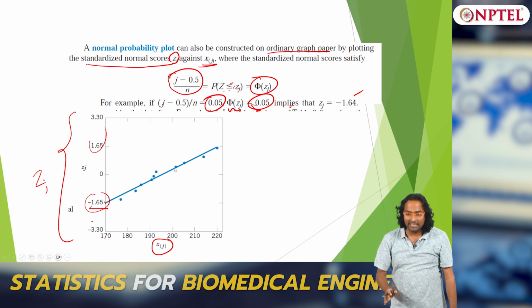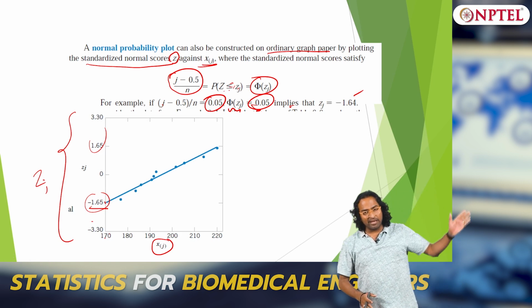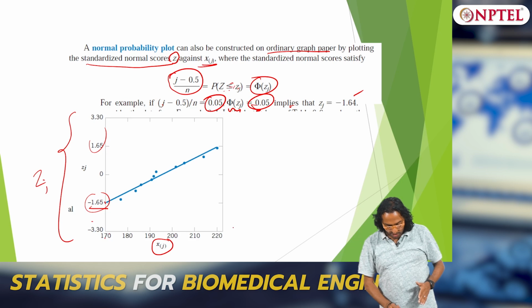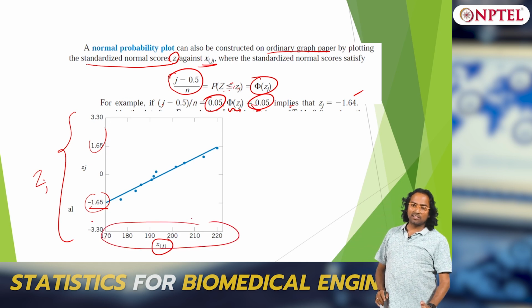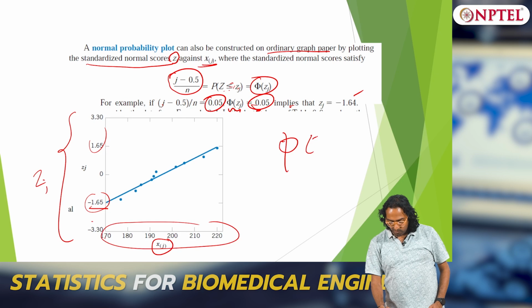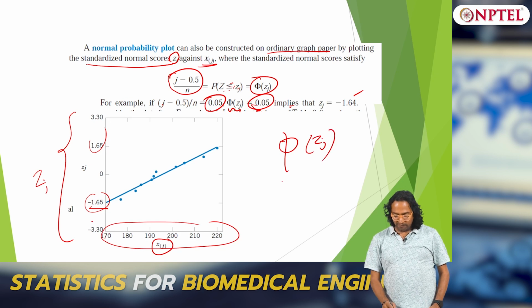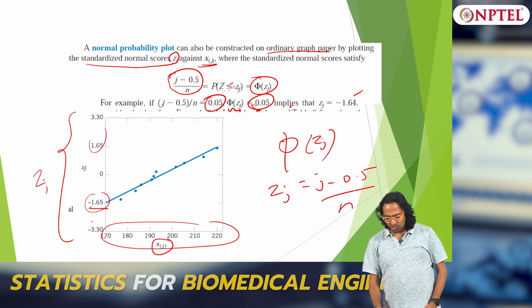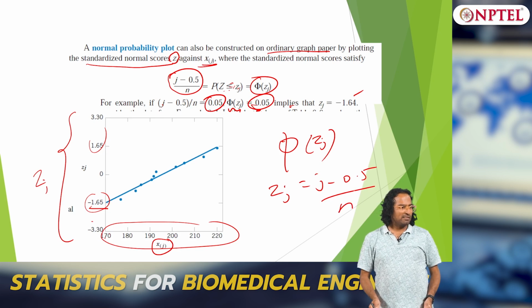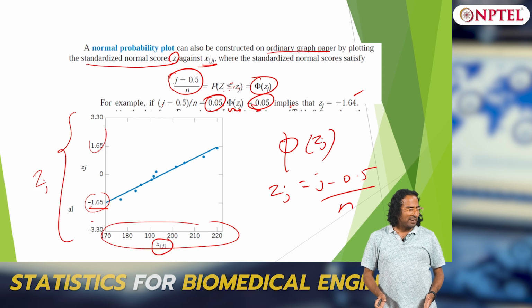So you have done the same: Xj is arranged in ascending order, you have plotted Xj, okay, and on the y axis you plot phi of Zj, where Zj is nothing but (j minus 0.5) by n. This is your standardization basically. Your variance is assumed to be 1 over n, and your mean is 0.5 because probability is 0 to 1.